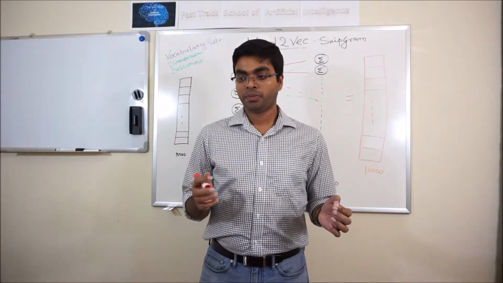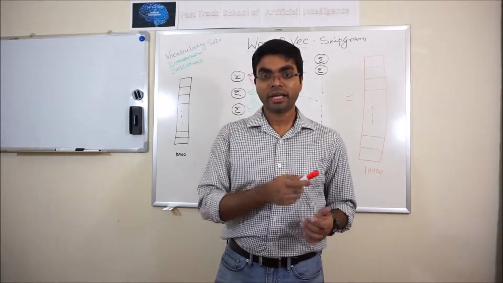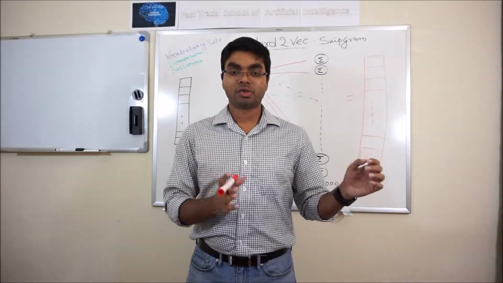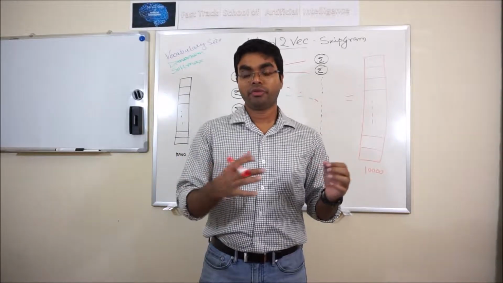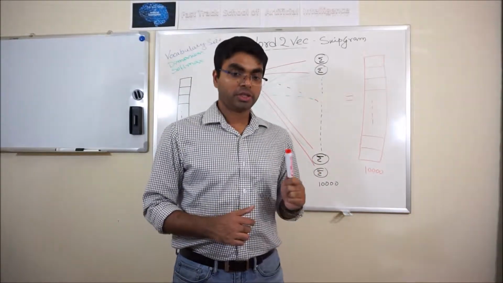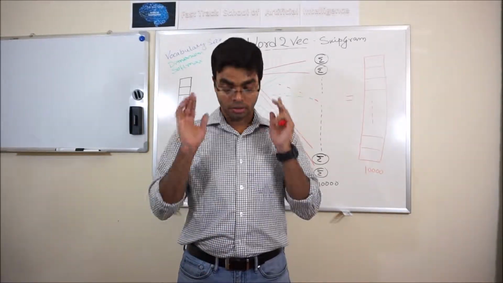So the takeaway is that vocabulary words are the list of unique words which we are going to consider for our model. In this particular example we have considered a vocabulary size of 10,000.